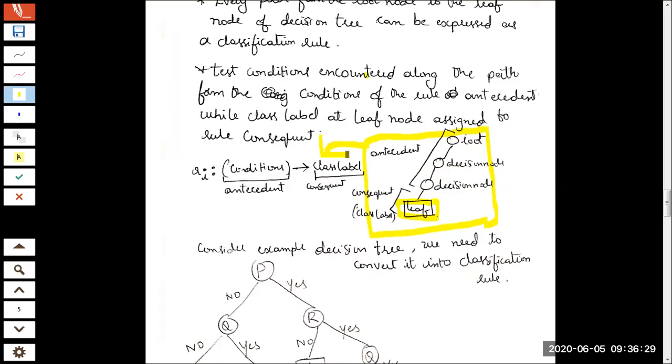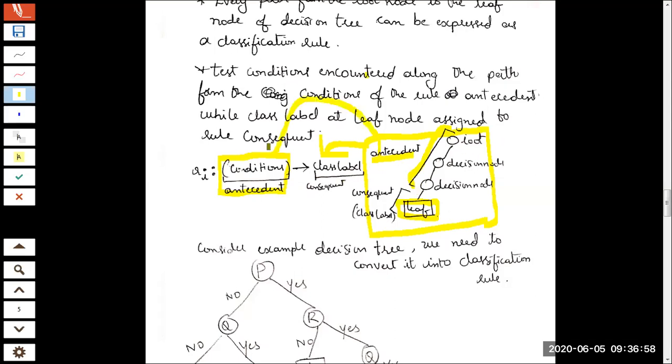So, the general form I have written: from the root to the n minus 1 node, that is the intermediary nodes, that you can see this part I have written here. It becomes the antecedent or the condition in a rule. Please see, I have mapped the decision tree with the rule. This part from the root to the n minus 1 node or the intermediary nodes is the antecedent.